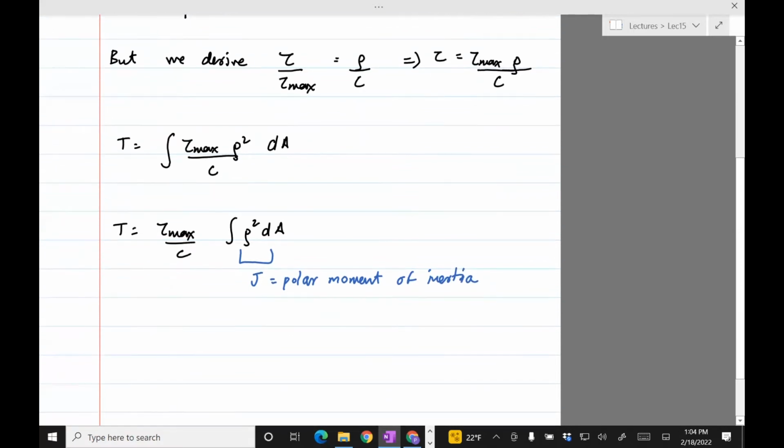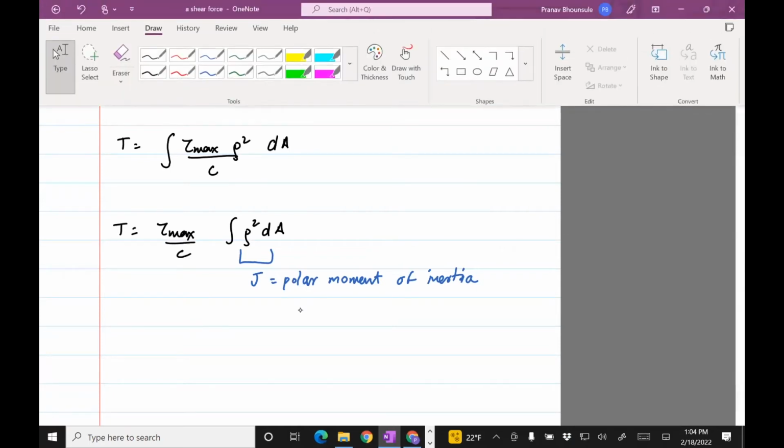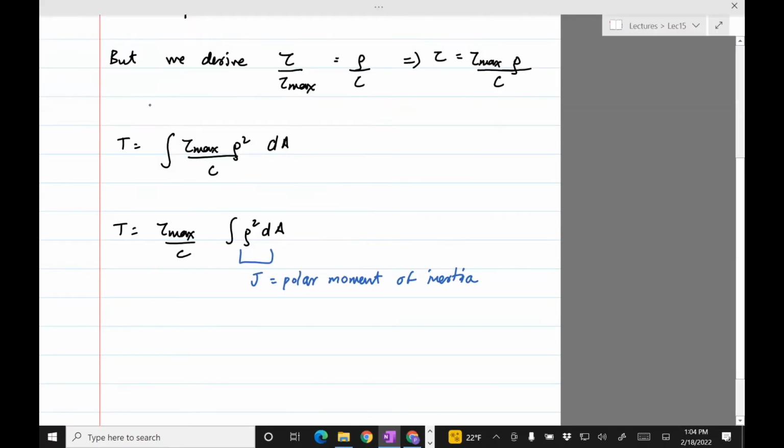And so we have an expression for torque. So torque is tau max J divided by the radius, where c is the radius of the cylinder or shaft.